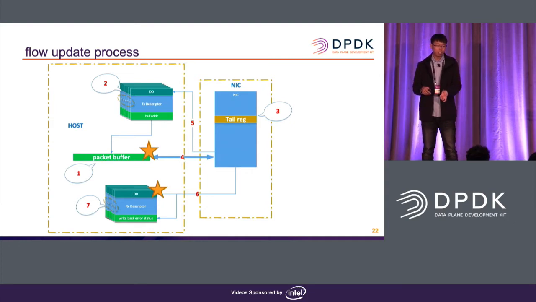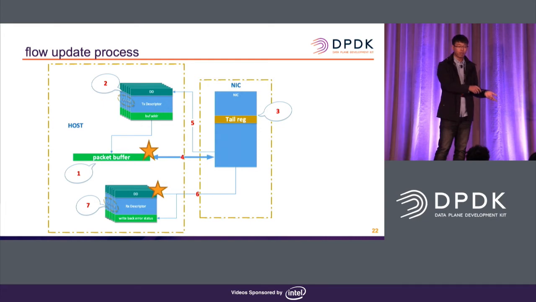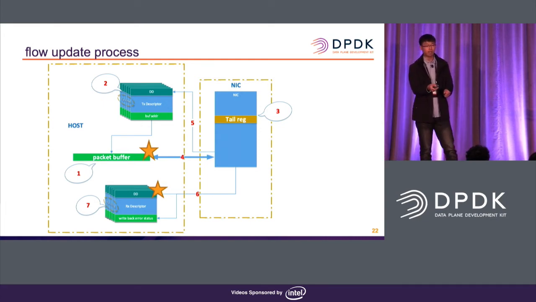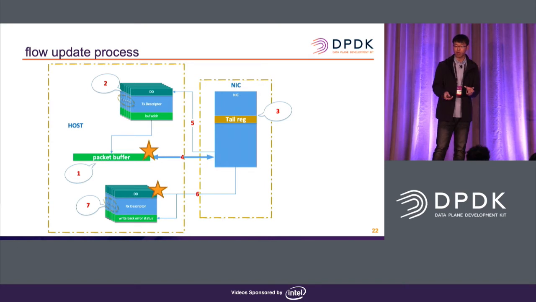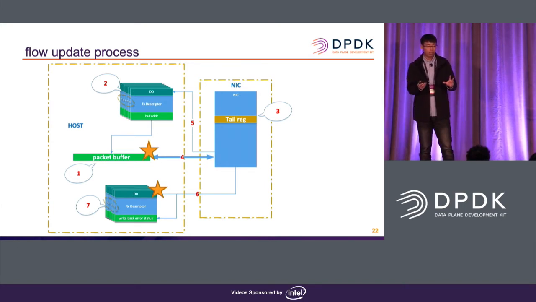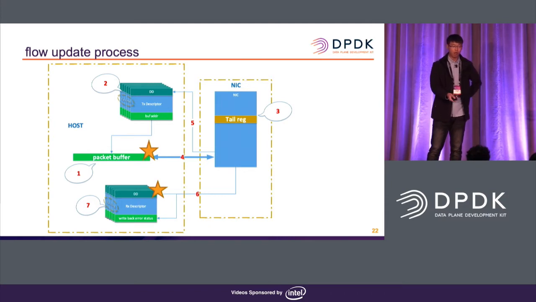The NIC will fetch the raw packet from the buffer at step 4, and then set the DD flag in the TX descriptor in step 5. Then the software knows, okay, let me check if it was successful or failed. In steps 6 and 7, the software will busy loop there, waiting for a potential error report from the NIC.